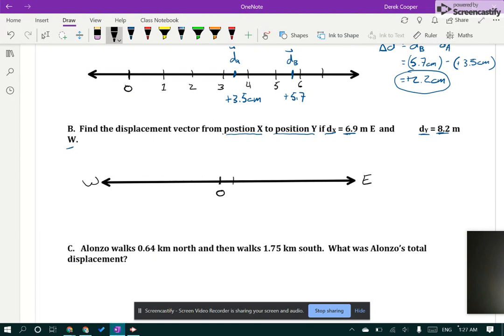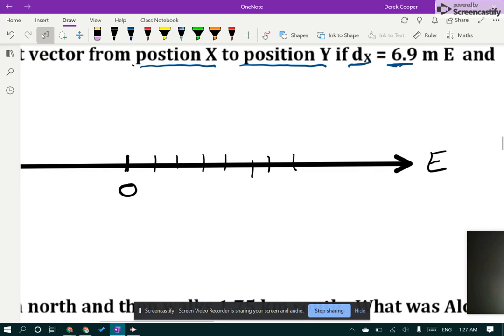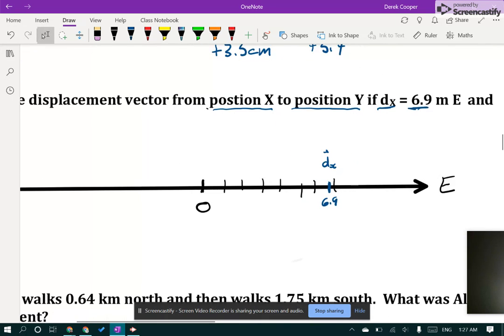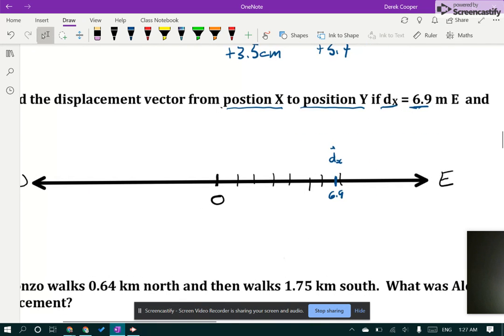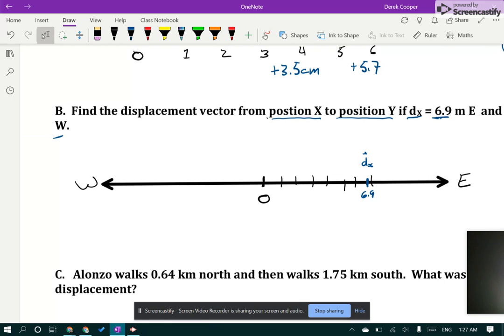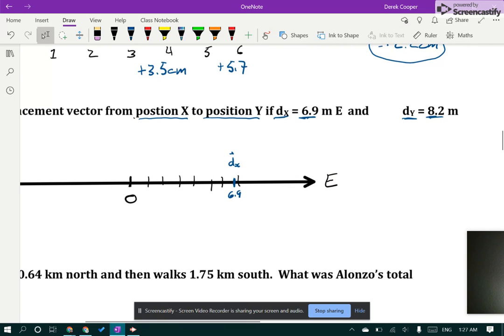And we're going 1, 2, 3, 4, 5, 6, 7, somewhere in there, okay? So at 6.9, that's where our position X is going to be. And that one is equal to 6.9. Our position Y is going to be west of there. And position Y is 8.2 meters west.